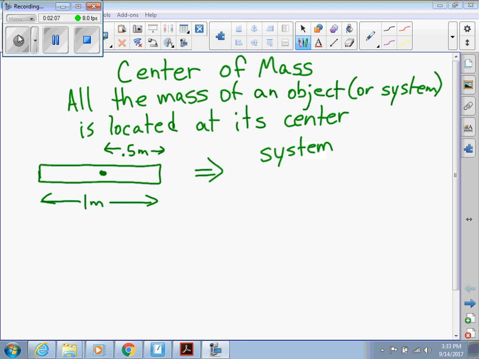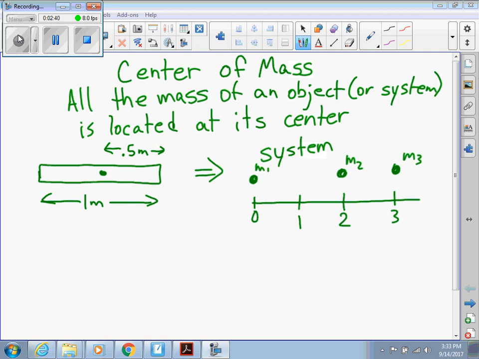So let's look at this system of objects. I'm going to draw a reference out here. So we have mass 1, mass 2, and mass 3. Mass 1 is located at 0 meters, mass 2 is located at 2 meters out, and mass 3 is located at 3 meters out.